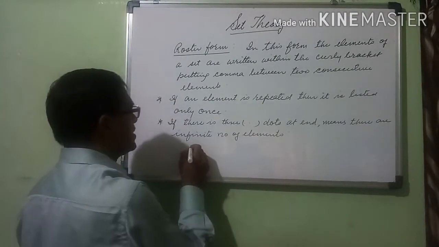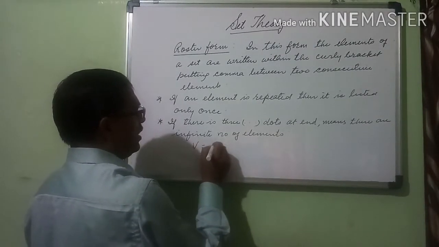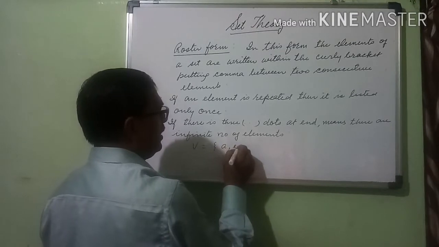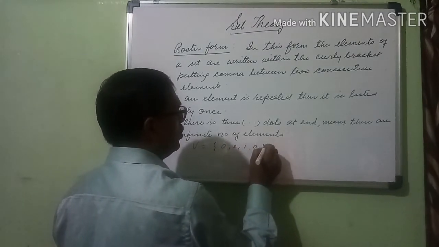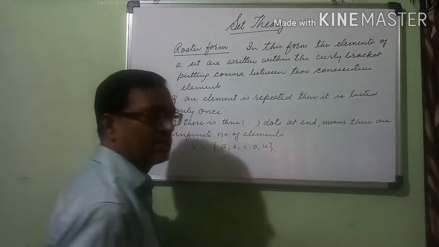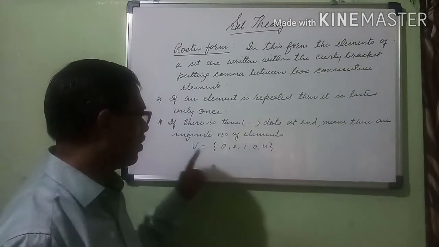So for example, let us say V is equal to {A, E, I, O, U}. What is this? These are the elements of V.